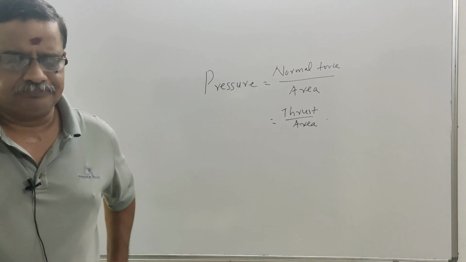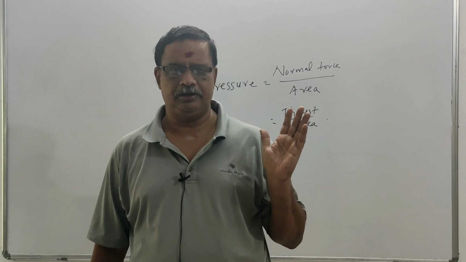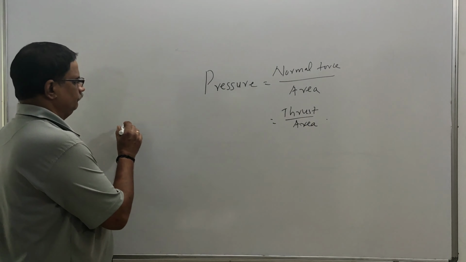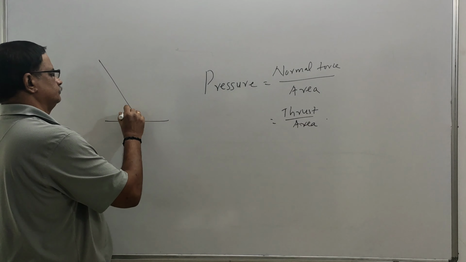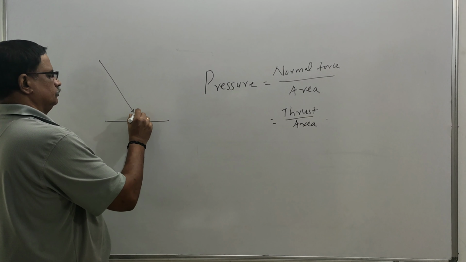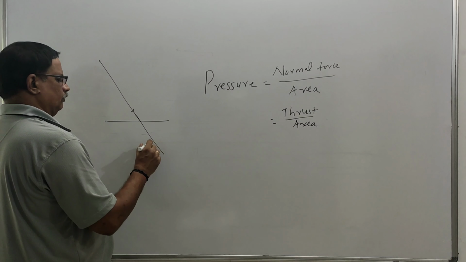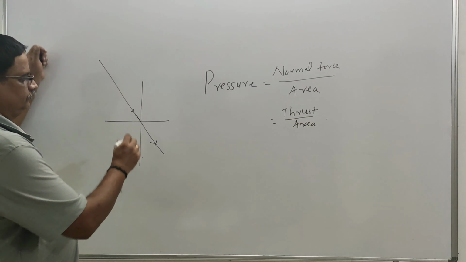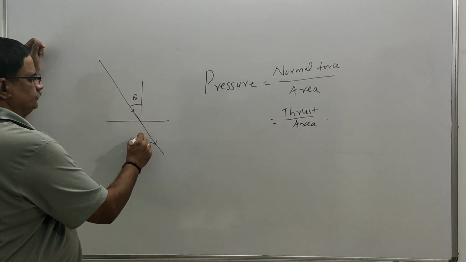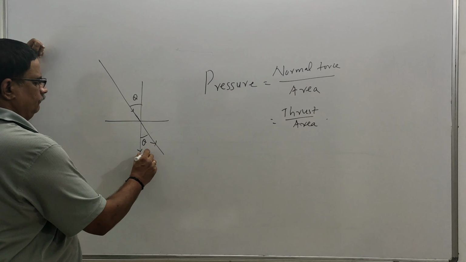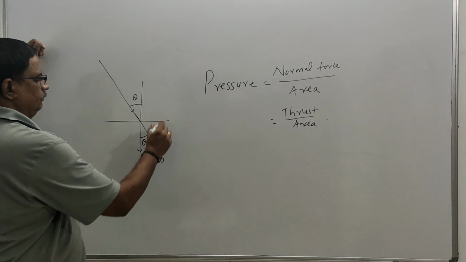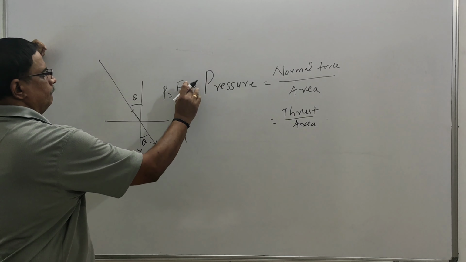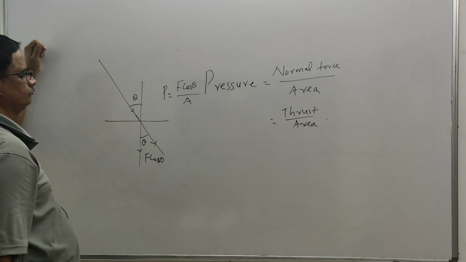Thrust by area. Now what is the difference between the force and normal force? You all know. Suppose a force is acting like this on a surface, then in order to calculate the pressure, you have to get this component of the force. If this angle is theta, this angle will also be theta, so this will be F cos theta, and the pressure will be F cos theta divided by A. That is your pressure.